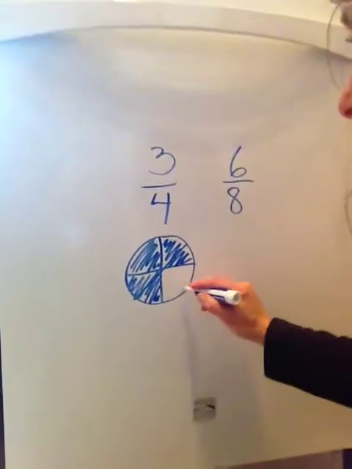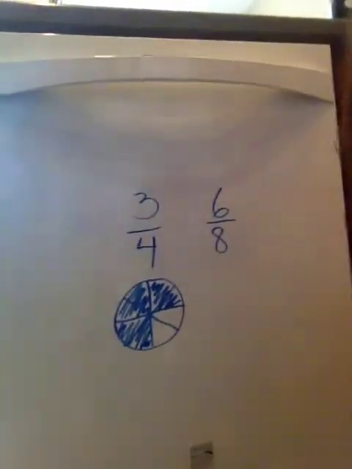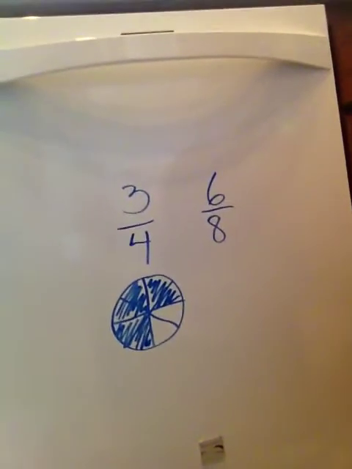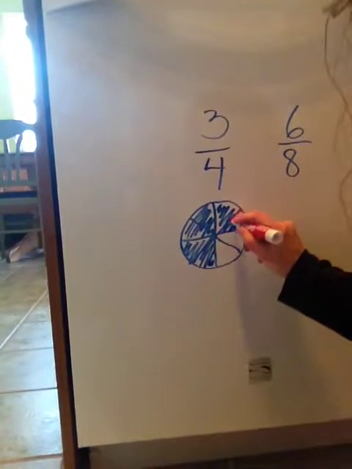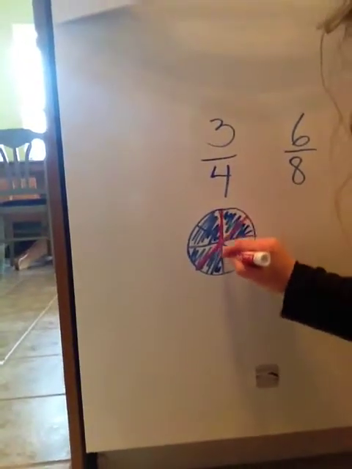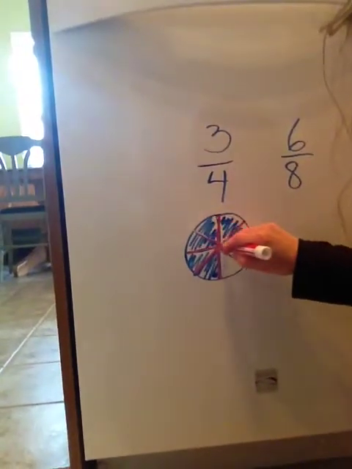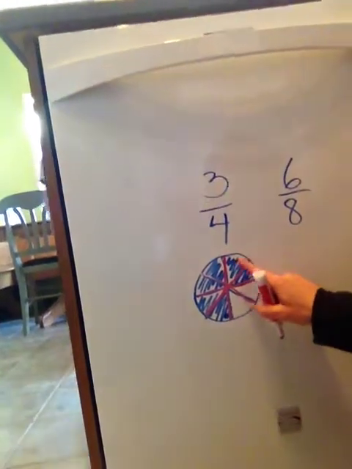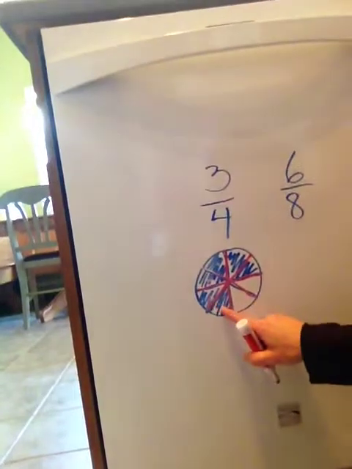If I cut it into 8 pieces, I need to grab my red marker so you can see it better. Hold on a second. So if I cut it into 8 pieces, there's 1, 2, 3, 4, 5, 6, 7, 8 pieces, but I only have 1, 2, 3, 4, 5, 6.